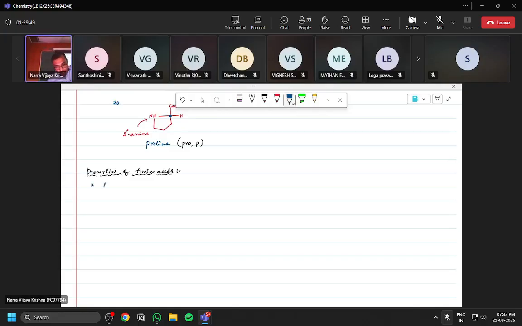Based upon their pH, when I dissolve them in water, what is the pH of the solution generated? We call them cationic, or anionic, or zwitterion.